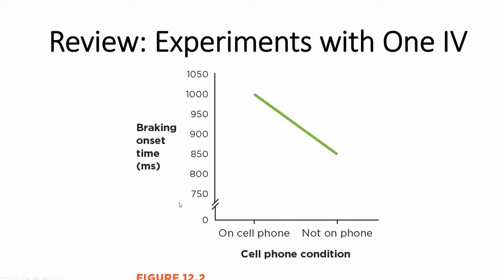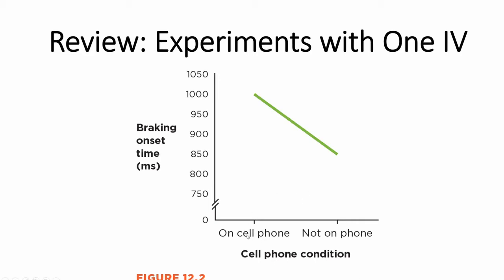The idea here being that the shorter the braking onset time, the shorter amount of time it takes for you to react to something on the road, the better it is. So the lower you score on this axis, the faster your reaction time, the less likely you are to hit something.